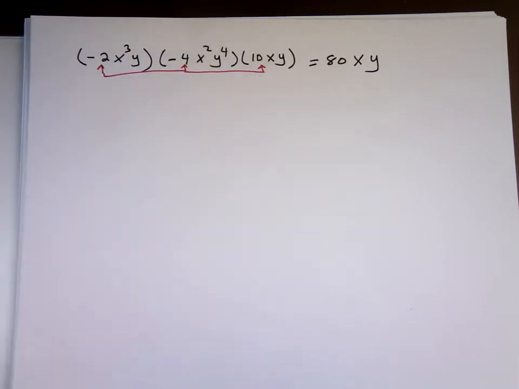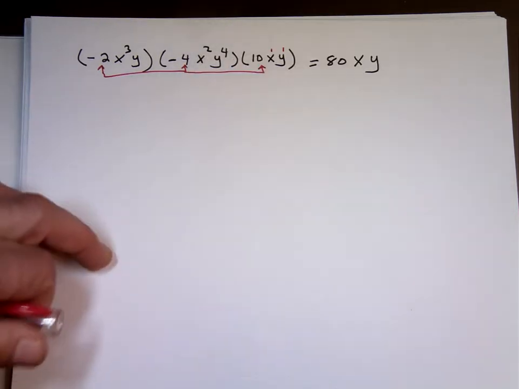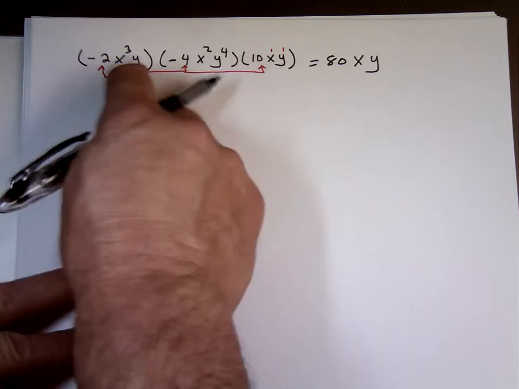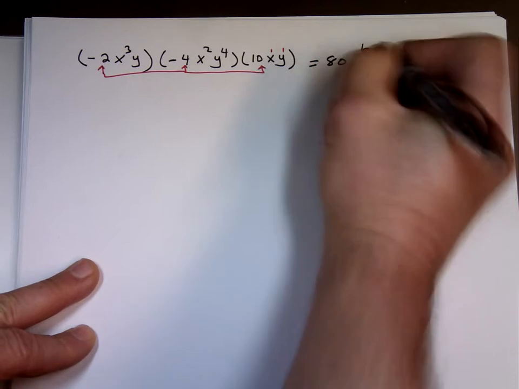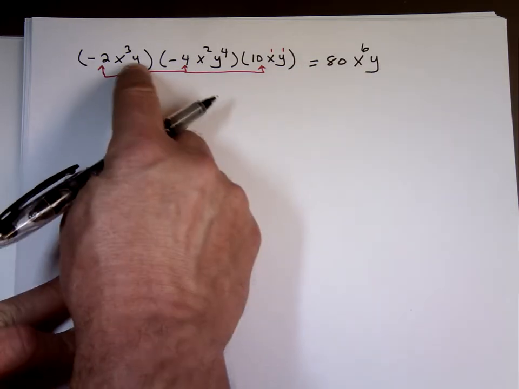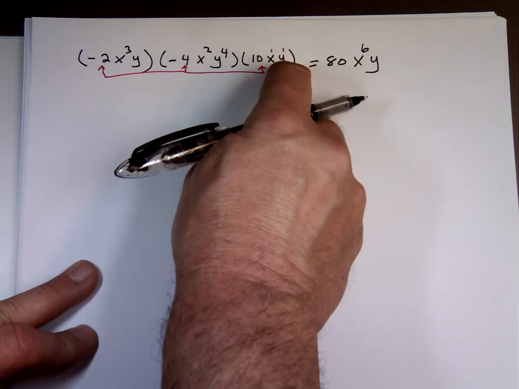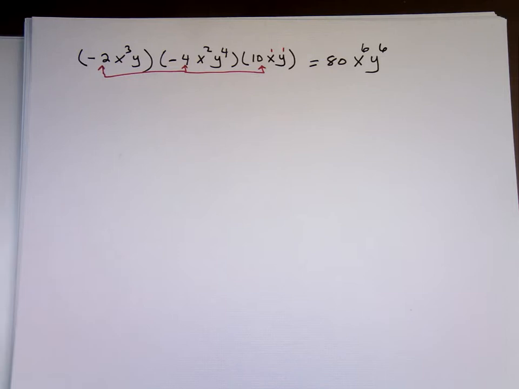Because there's a 1 here, we just don't put it. 3 plus 2 plus 1. What's 3 plus 2 plus 1? 6. Let's look at y. 1 plus 4 plus 1, which is what? 6. 80, x to the 6, y to the 6.